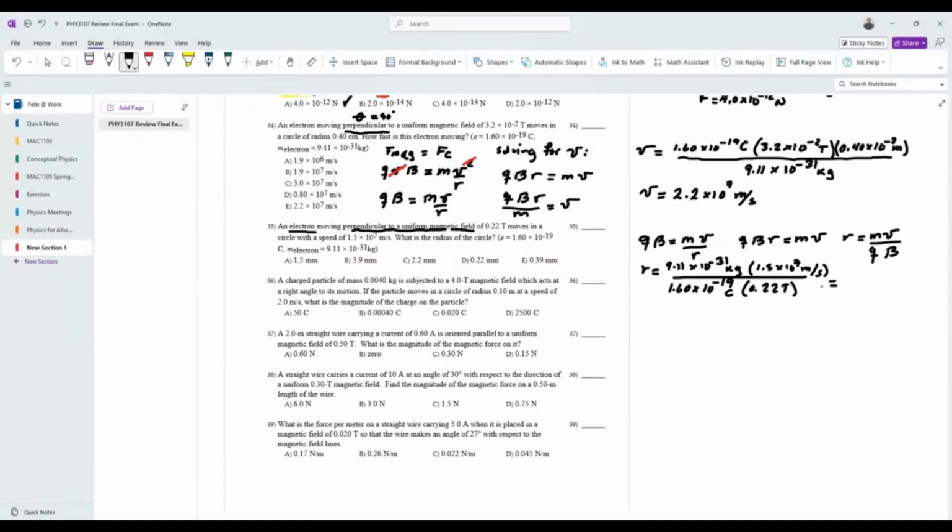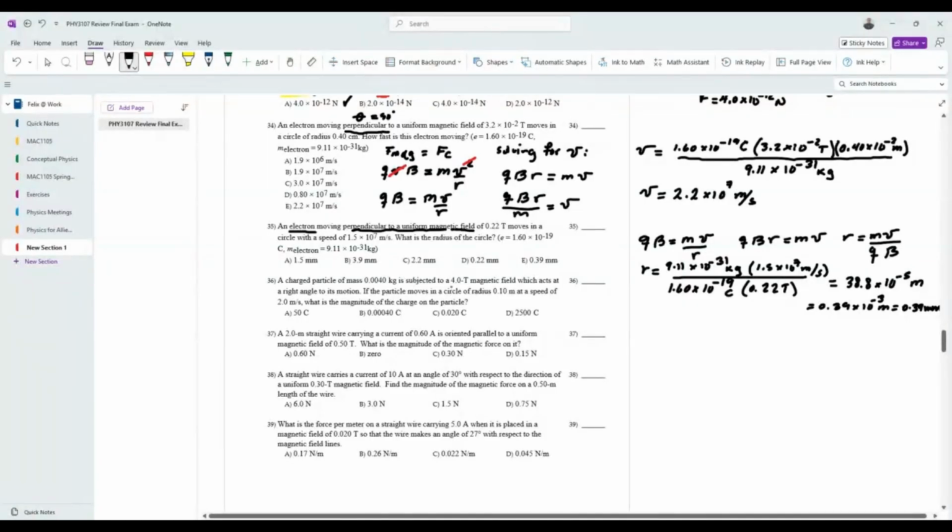And when we find the value, we're going to get 38.8 times 10 to the negative 5 meters. Now they are giving this in millimeters, so we can say that this is the same as 0.39 times 10 to the negative 3 meters, which is 0.39 millimeters.